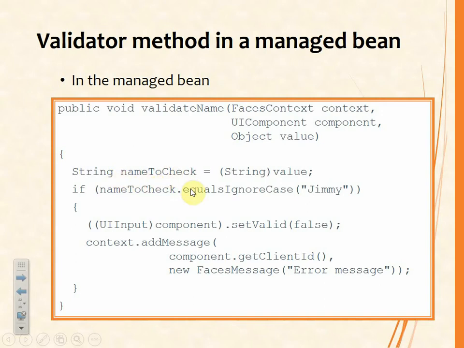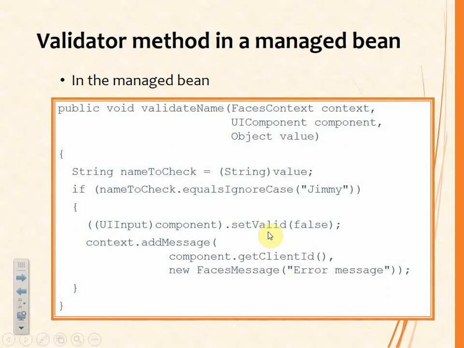Now in this particular example, we've got the rather spurious case that your name cannot be Jimmy. We're checking. If it's equal to Jimmy, we've got a problem, and so we've got to report it. The way we're reporting it is to set the component not valid, and then to add a message to the context.